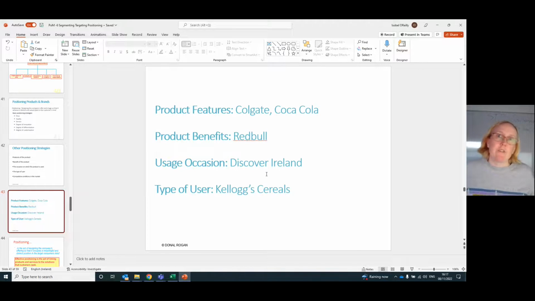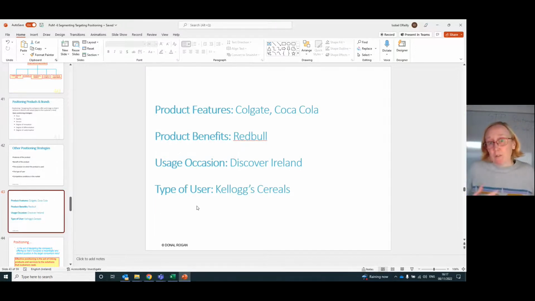Usage occasion, so Discover Ireland is the holiday. Obviously they promote all the tourist type amenities available in Ireland, whether it's hotels or adventure centers or shops dedicated to tourists and so on, that kind of thing.